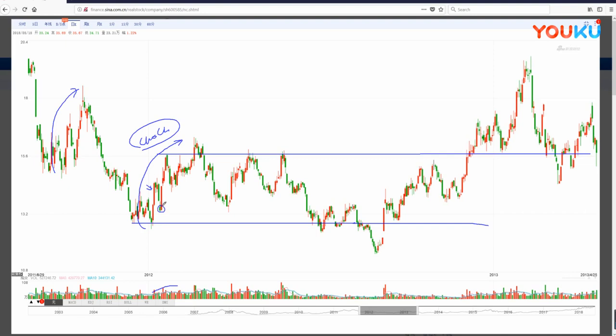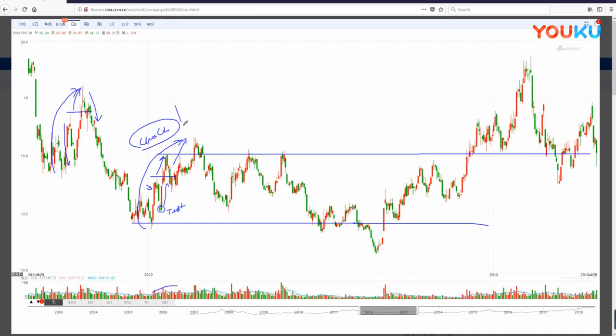So for instance, on the first test right here, we don't have such a strong move to the downside, and we recover much faster, and we are going above the previous high in a much more sustainable way, and we're not failing down. We're actually continuing making new highs.